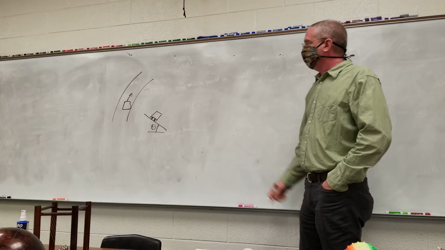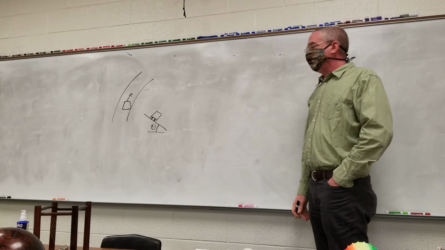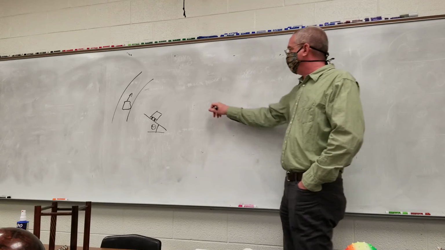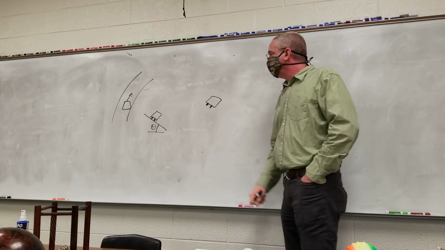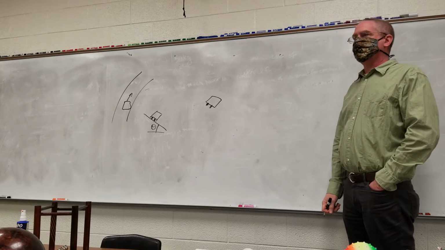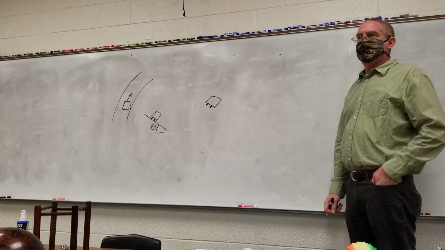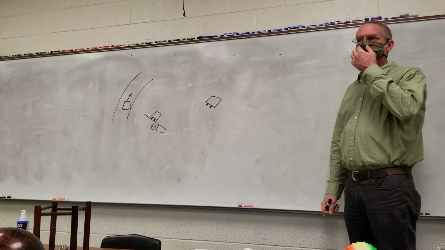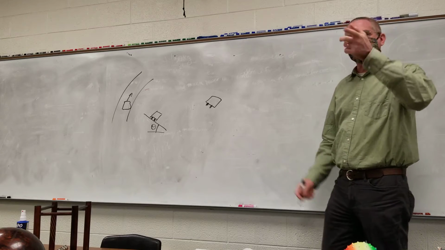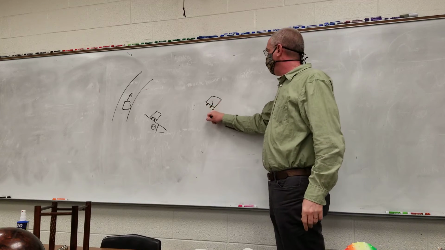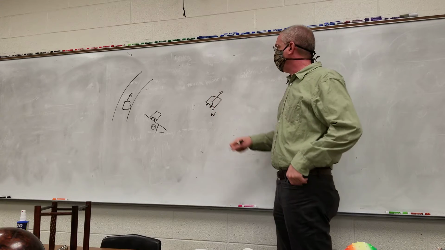Right, so overhead and back view. Let's start out with the force diagram. What are the forces acting on the car? Weight. Normal. Okay, I think those are the two. So we have weight acting down and normal acting that way.